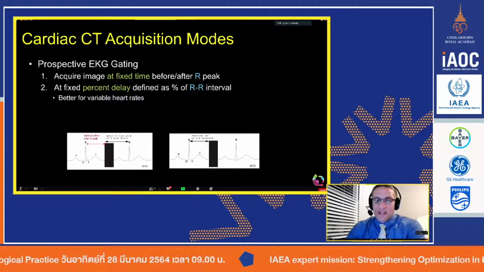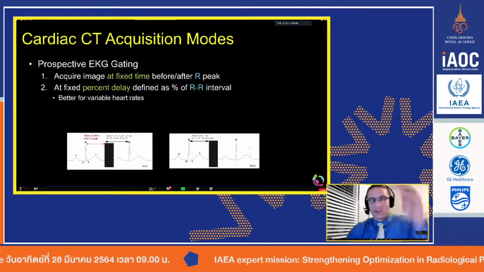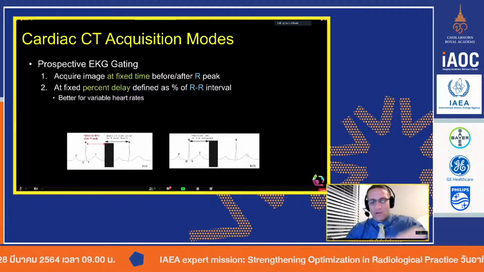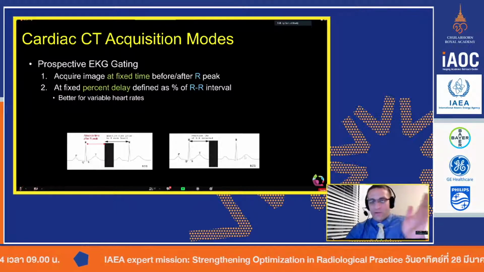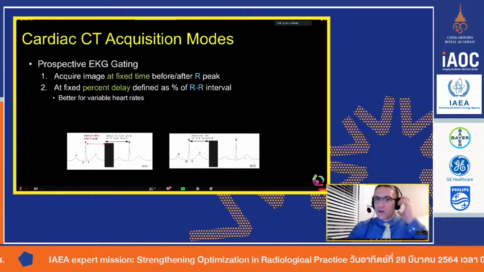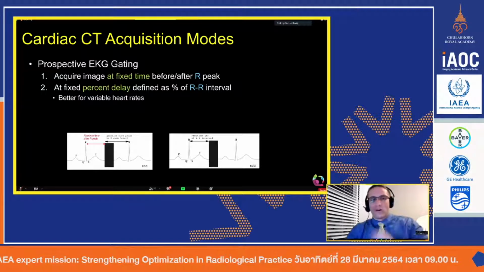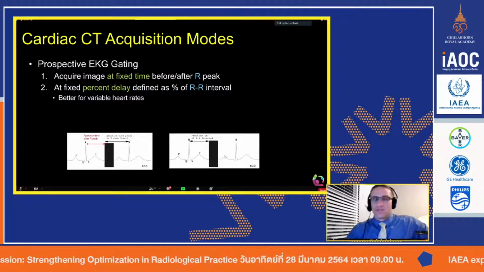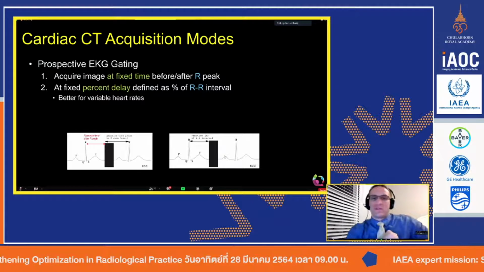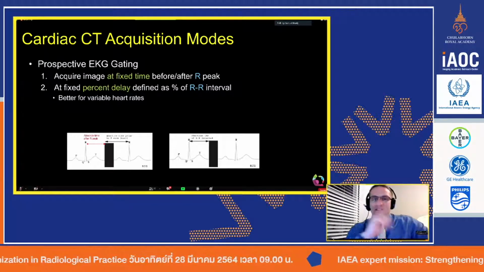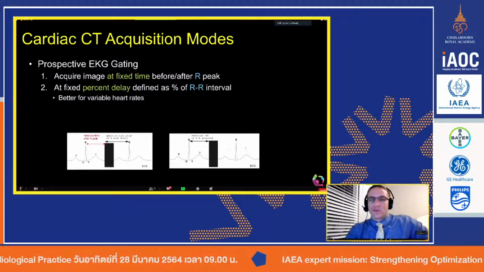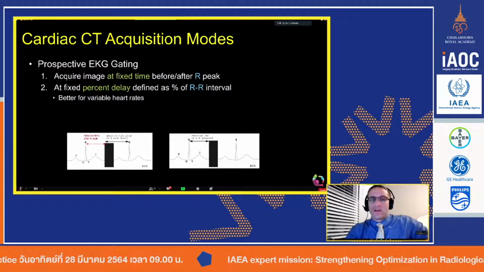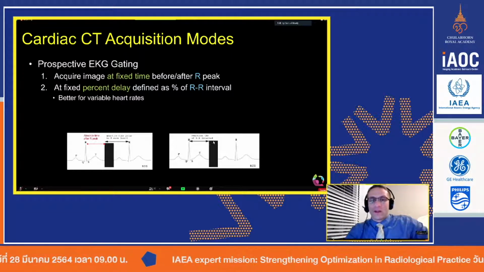It knows the time from R to R because it's measuring the heart rate throughout, before the CT scanner ever turns on. So it knows what an average R to R interval time is. And if you say I want you to go at the 75th percent of that, or the 60th percent, it knows what that is. When it sees the R peak, it counts down the time and acquires.